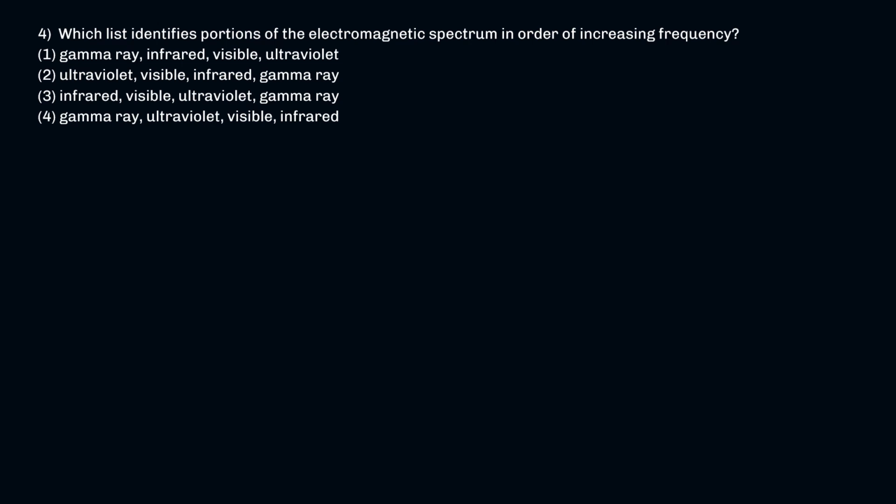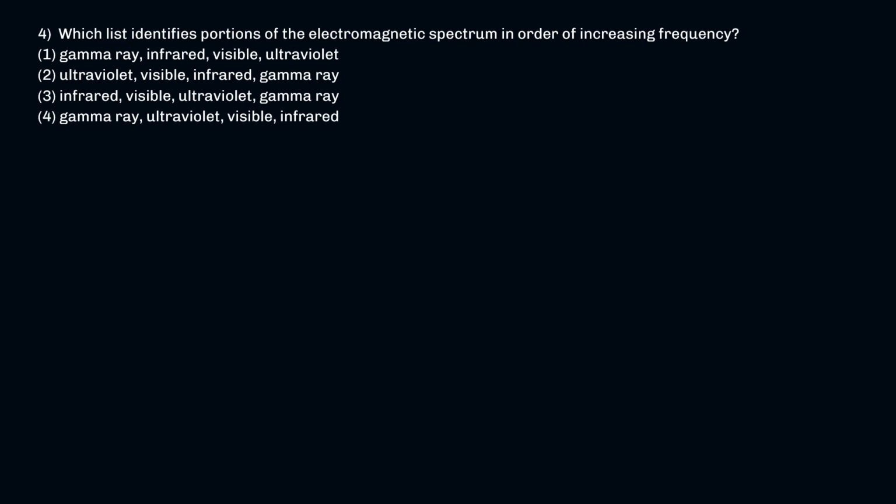So answer choice 1 says that we have gamma ray first. There's a problem with having gamma ray first since we're going to have an order of increasing frequency. If you look at the electromagnetic spectrum, and again going from right to left is my increasing frequency, gamma rays are the leftmost on the entire table, meaning they have the greatest frequency. So I can't go above that.